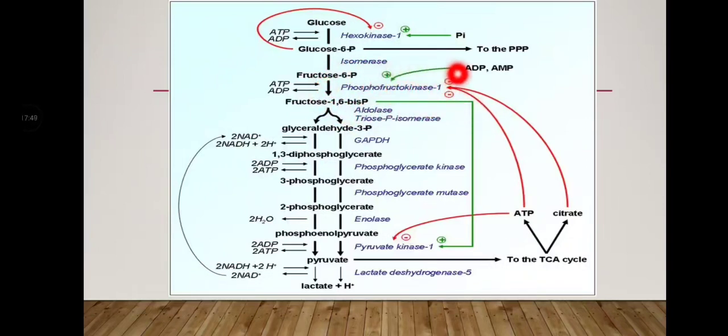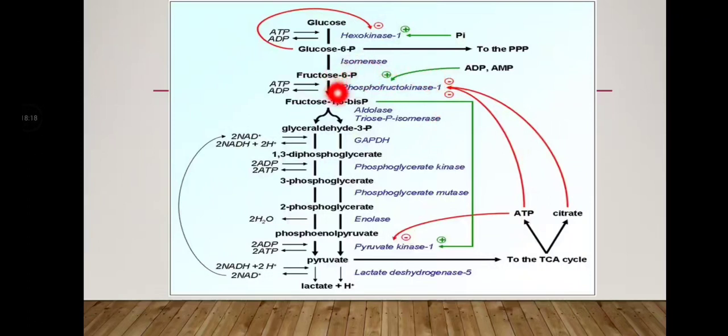What activates phosphofructokinase 1 is ADP and AMP. If there's an increase in ADP and AMP, this enzyme is stimulated. What inhibits it is ATP and citrate. Too much citrate and too much ATP inhibits the enzyme phosphofructokinase 1.